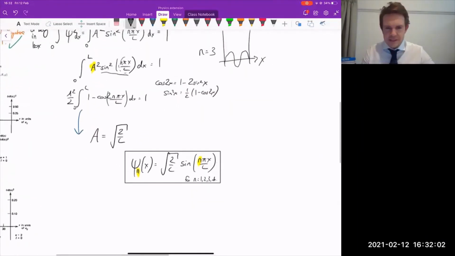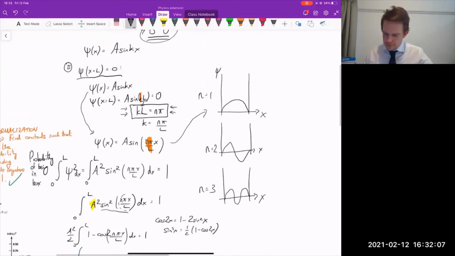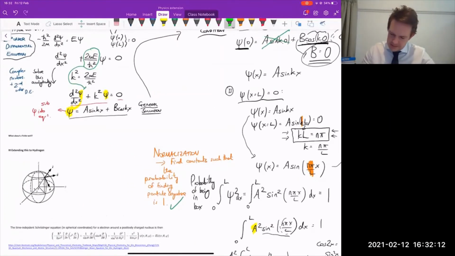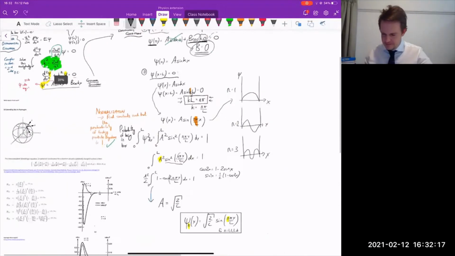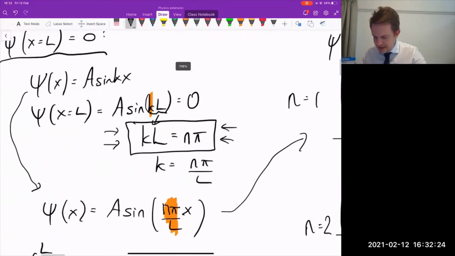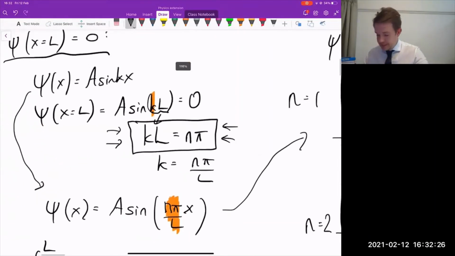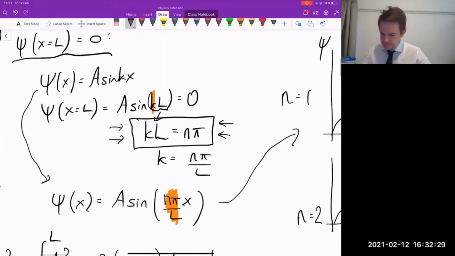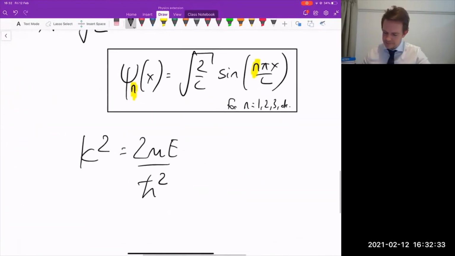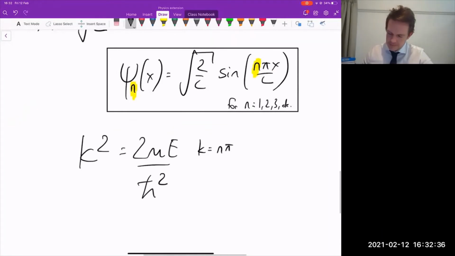Now, this is the final bit you'll be glad to know. Remember earlier on, we said that k squared is 2me over h bar squared. And up here, we found that we needed k times L to equal n pi, so k is n pi over L. If we combine those, what do we get?